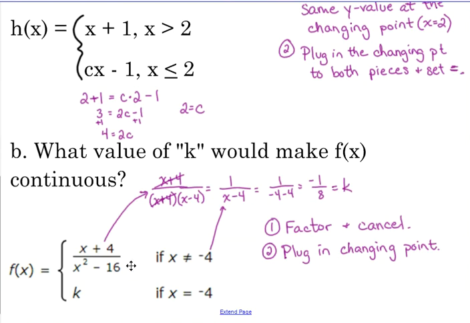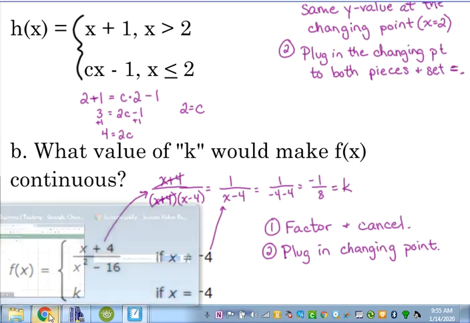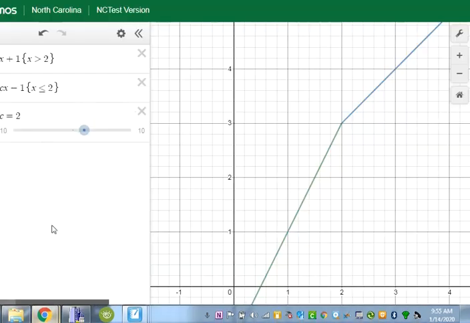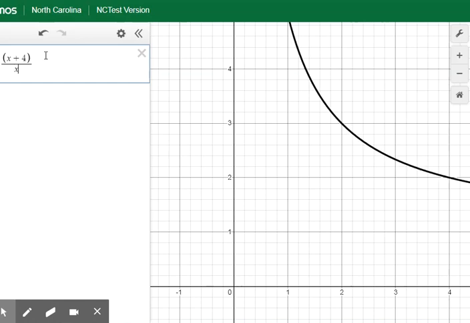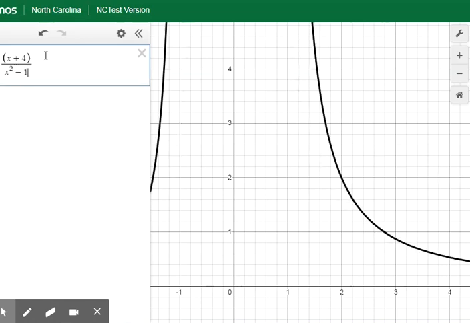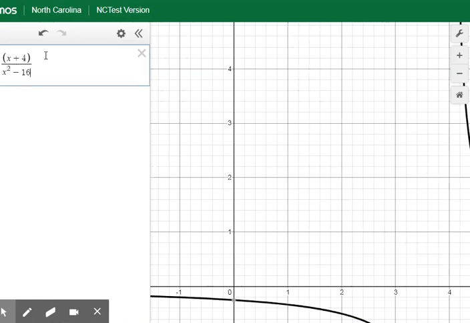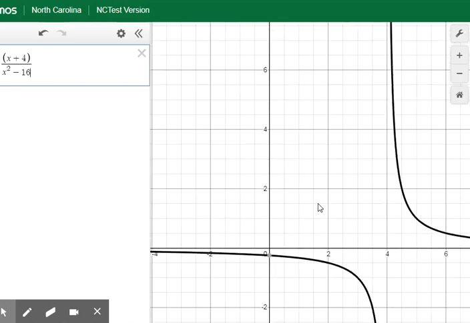Now, not quite as easy with this one because Desmos does not do the not equal to and the equal to. If you do need to graph a piecewise function like that, you need to understand that it just behaves like the not equal to piece.